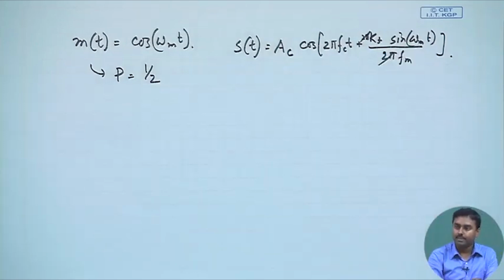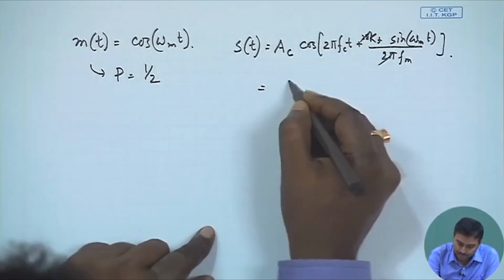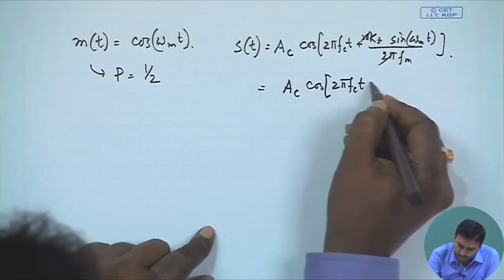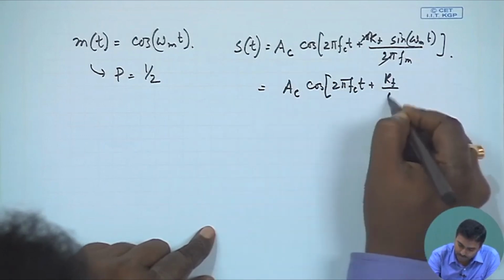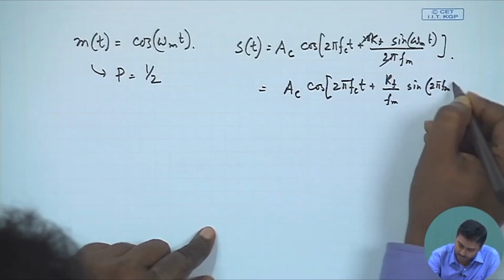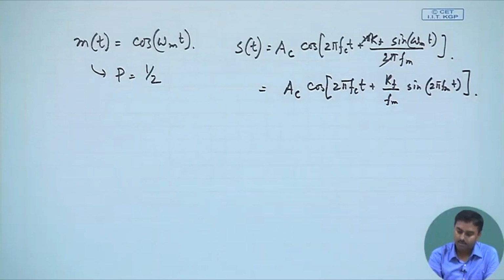So, this is my representation. Okay. So, I can write this as A_c cos 2 pi f_c t plus Kf by f_m sin 2 pi f_m t. Okay. So, that is my representation.